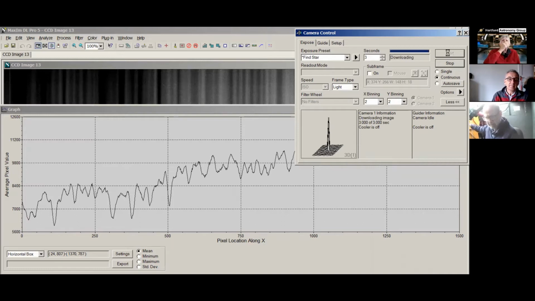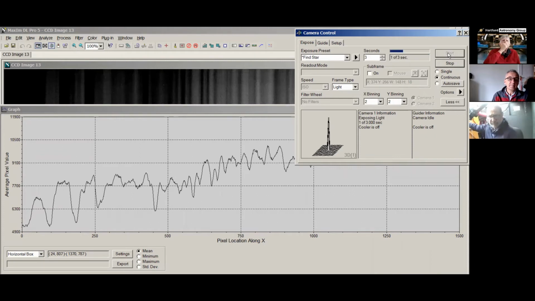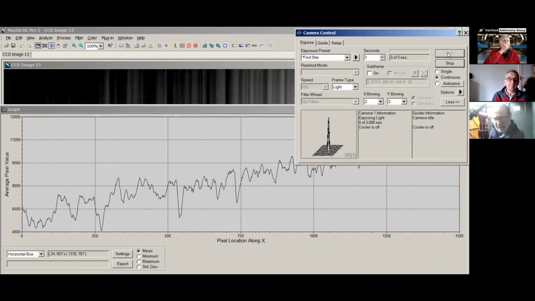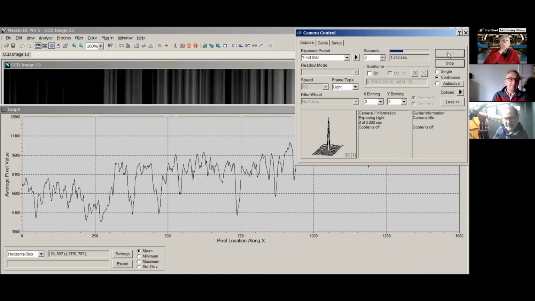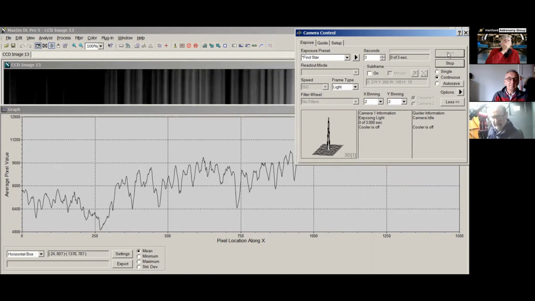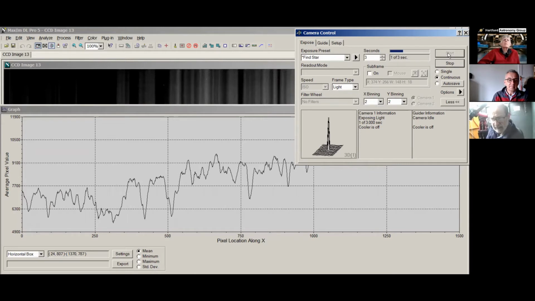Right now, I think we're almost there. Yeah, looks like we're there. Just give that a moment to settle down. Center it a bit more, see if I can get a better, move it forward just to make sure. Yeah, there we go.